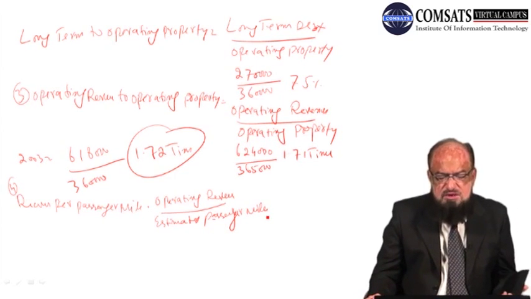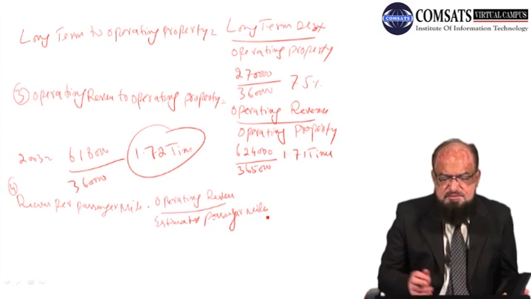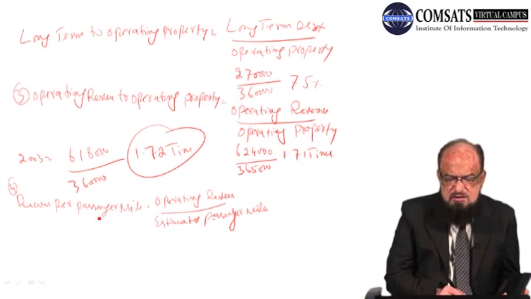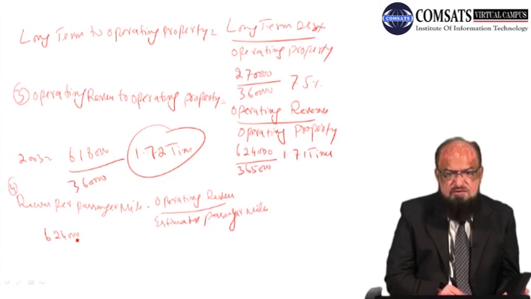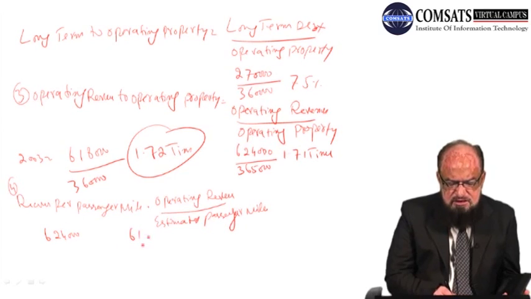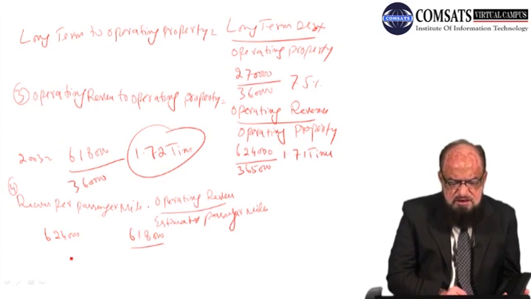So operating revenue is given for year 2004 and 2003. You can see 624,000 for year 2004 and 618,000 for year 2003.